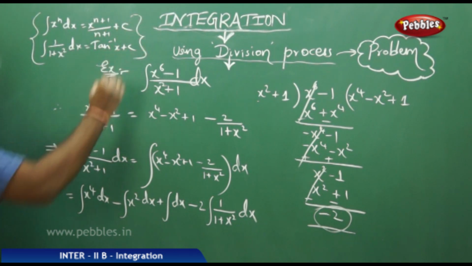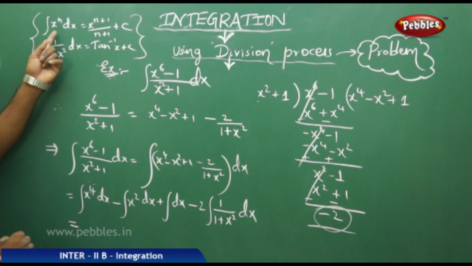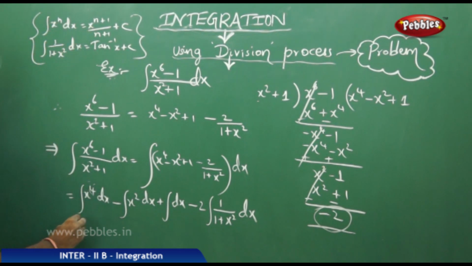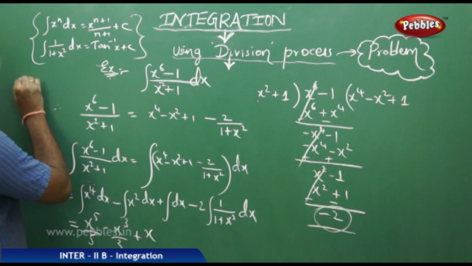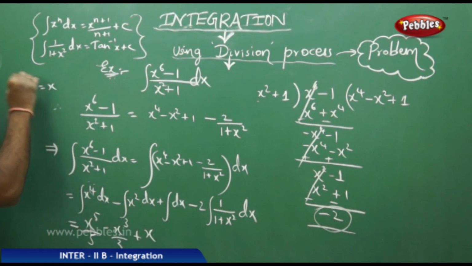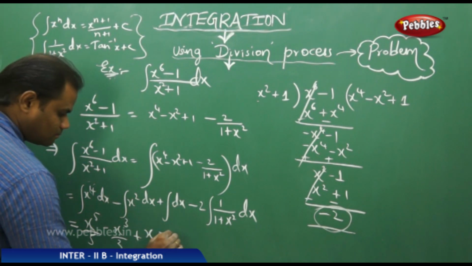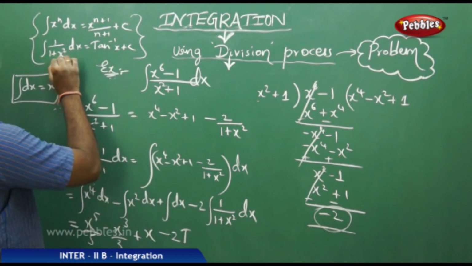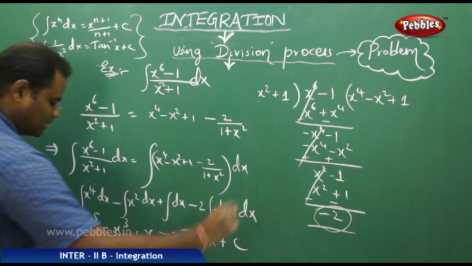So n being 4, we get x power 4 plus 1 by 4 plus 1 minus 2 x power 2 plus 1 by 2 plus 1, and integral dx is x, because we know this as the special case, minus 2 times integral 1 by 1 plus x squared dx, which is tan inverse x, plus c.